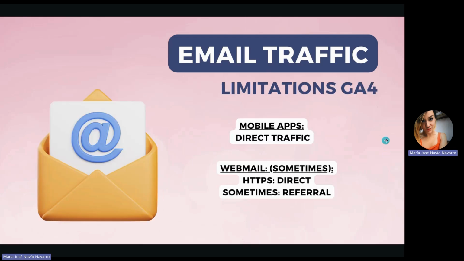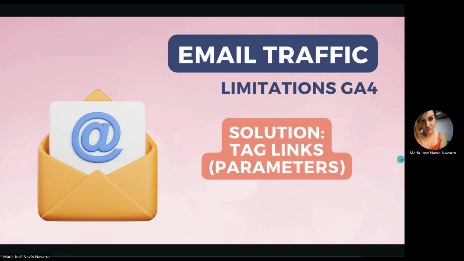The limitations, the thing that we have seen before at the very beginning of this video: mobile apps are considered by Google Analytics 4 as direct traffic. So if people click on Outlook installed on the desktop, this is going to be considered direct traffic. And there are a lot of troubles when trying to measure webmail clicks. The solution: tagging links from those campaigns.